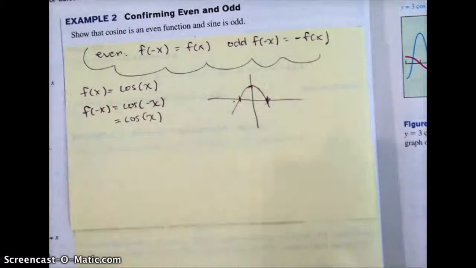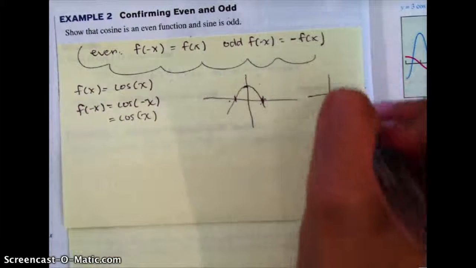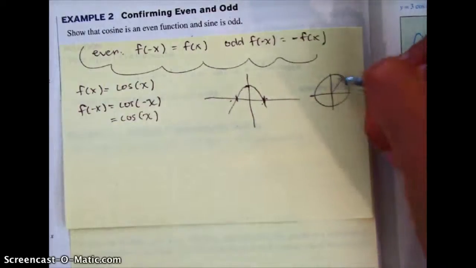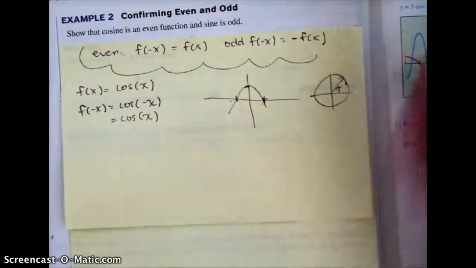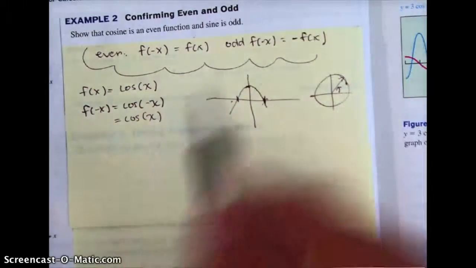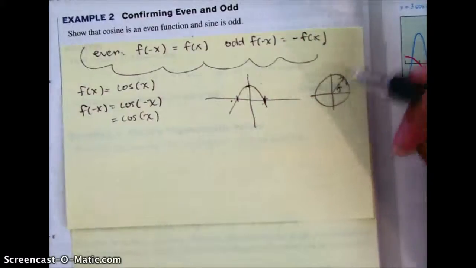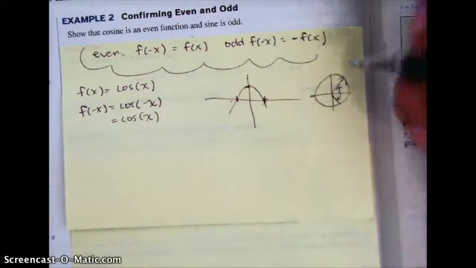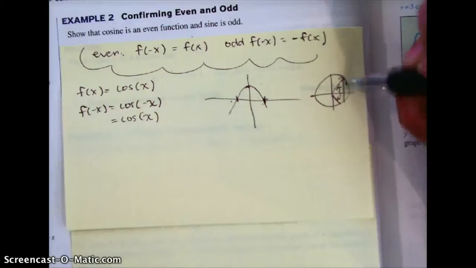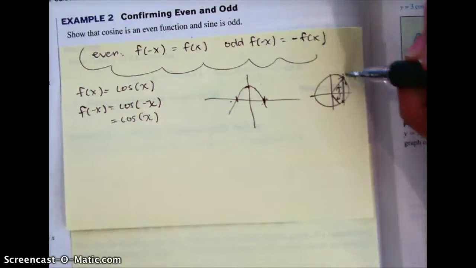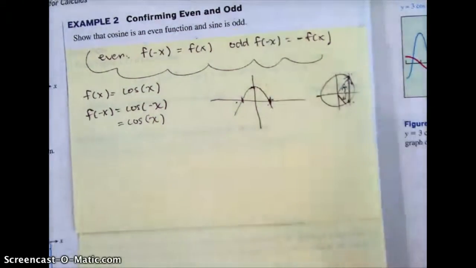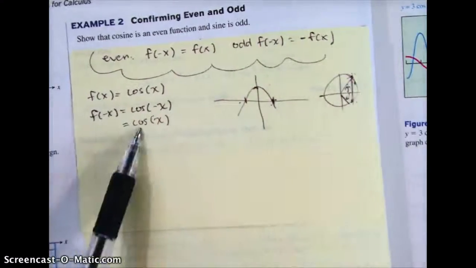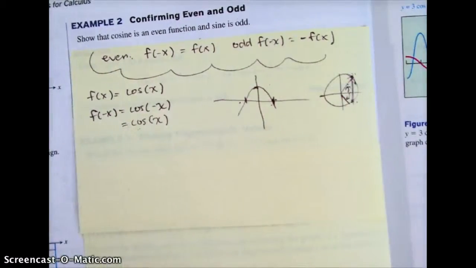Another way to think about that would be through the unit circle. If we have an angle on the unit circle, this would be your x, because an angle is what you plug in. And instead of going a positive amount, we go a negative amount, that same angle. The x coordinate of these 2 points are the same, going up or going down. If you're convinced by that, we should very easily conclude that cosine is an even function.